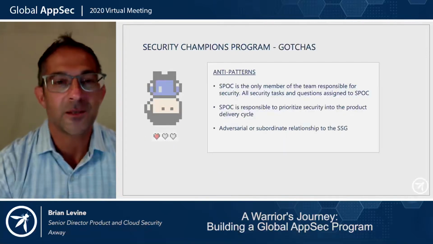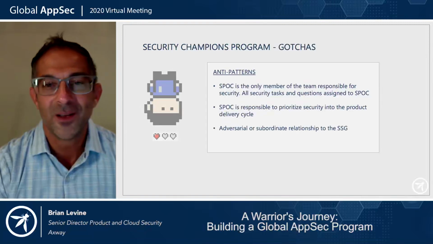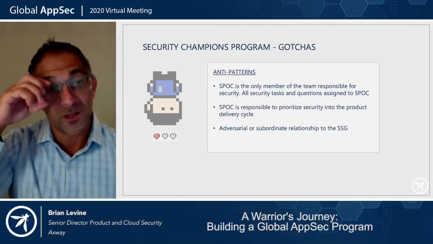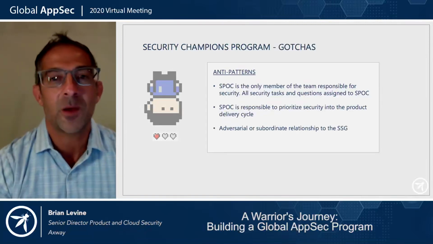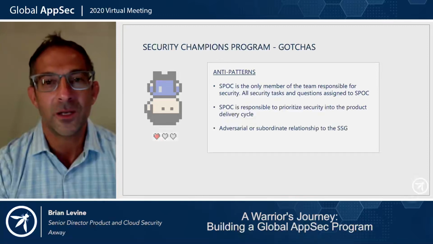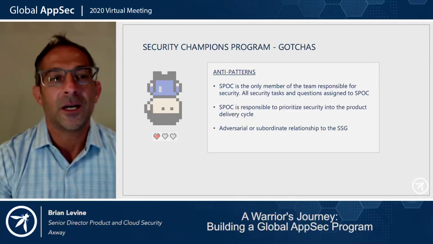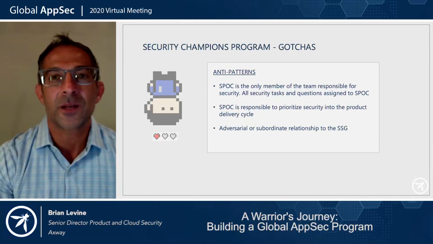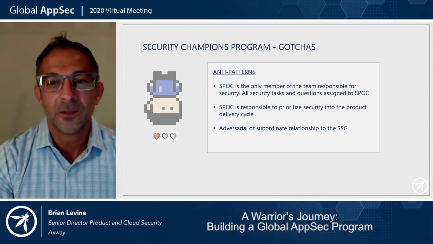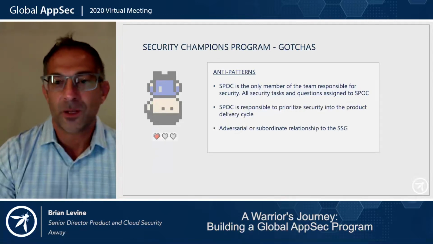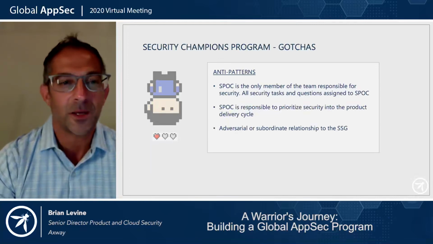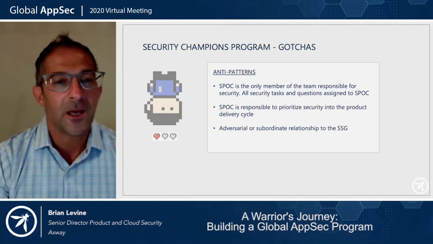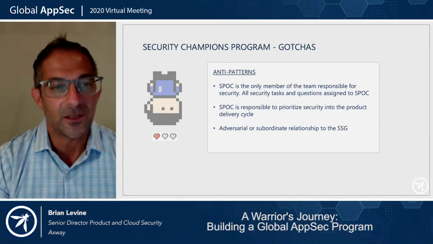Some gotchas and some anti-patterns to look out for with SPOCs. Number one is if your SPOC is the only member of the team responsible for security, and all security tasks and questions are assigned to the SPOC. Now, the SPOC should be working with DevOps and build managers to prioritize and automate security testing into the pipeline.